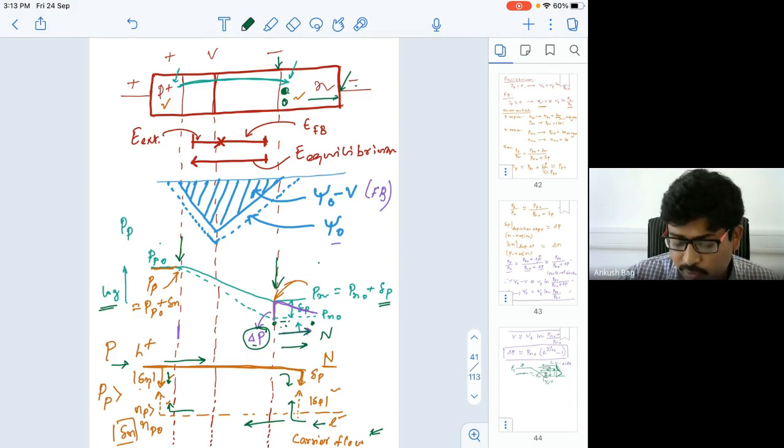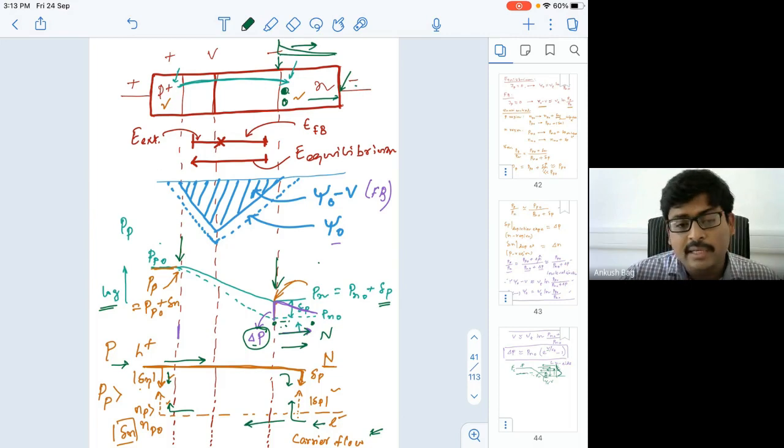So it is also possible that you will have drift, because carrier motion due to the electric field is drift transport. But at the same time there is a gradient in hole concentration from this edge towards that edge.